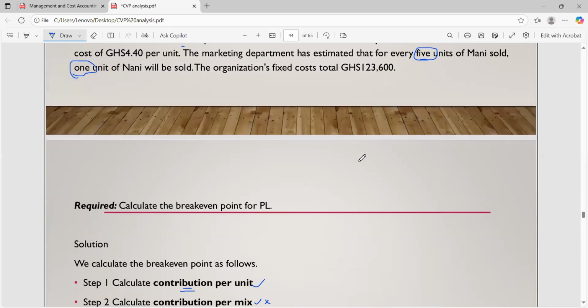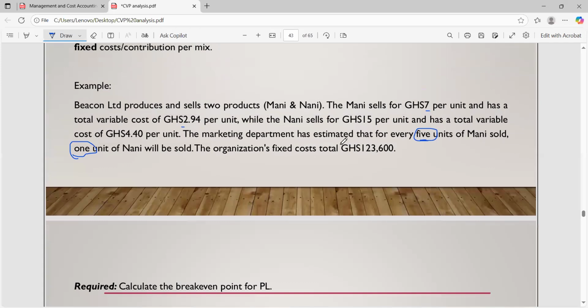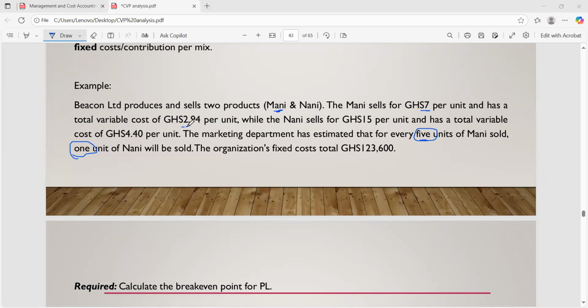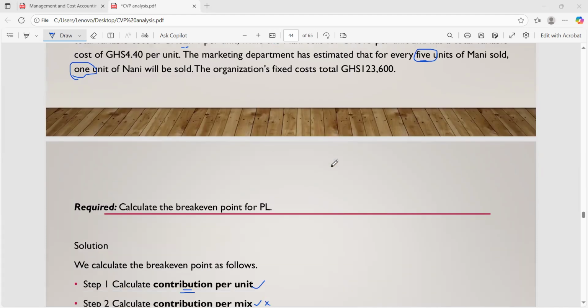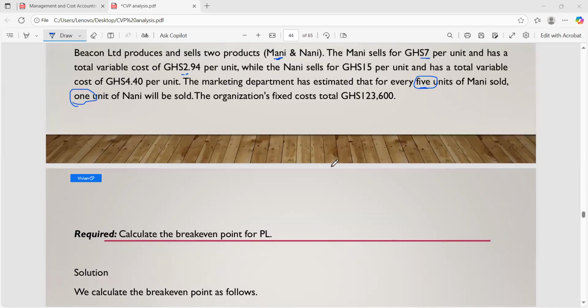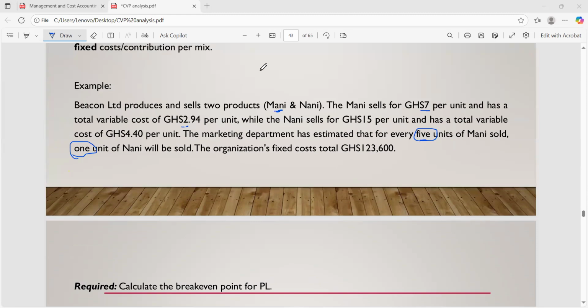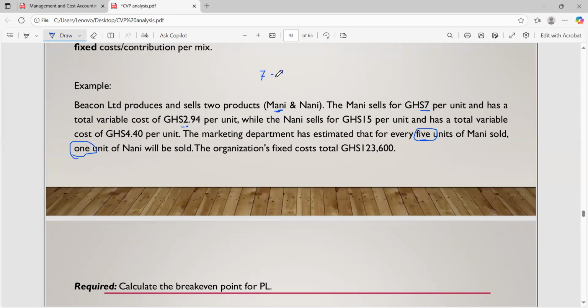So what will be the contribution for Money? His selling price is 7. His variable cost is 2.94. What will be his contribution? The contribution for Money will be just 7 minus 2.94.